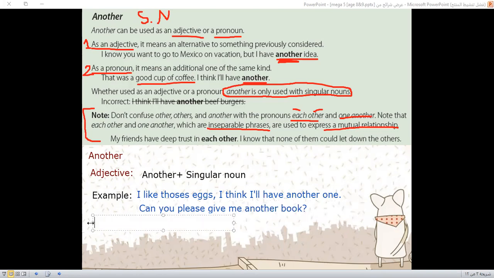Okay, if I want to use another as a pronoun, I will write another only. Now, can you please give me an example here? The example in the book was, that was a good cup of coffee. I think I will have another.